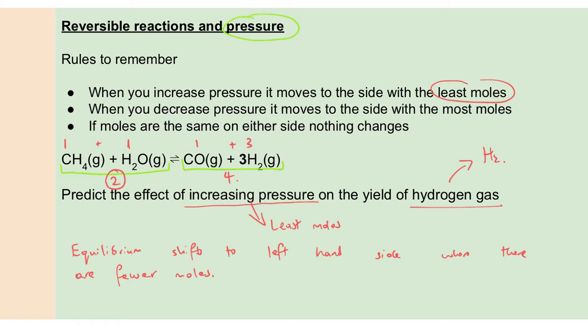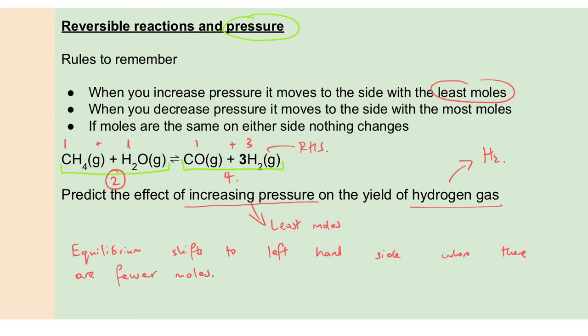And as a result of that, if we now look for H2, we can see H2 is actually on the right-hand side, isn't it? So H2 is on the right and my equilibrium is moving to the left. That means anything on the right, my yield, how much I'm producing, is going to go down, whilst everything on the left where I'm moving to goes up.